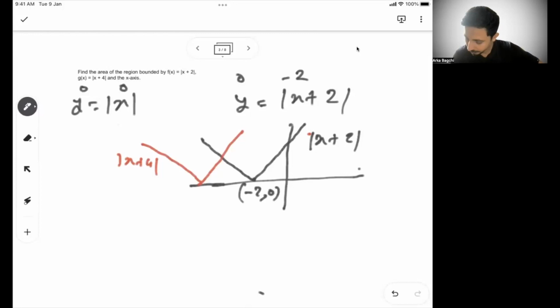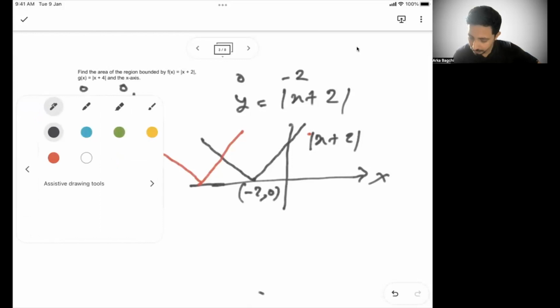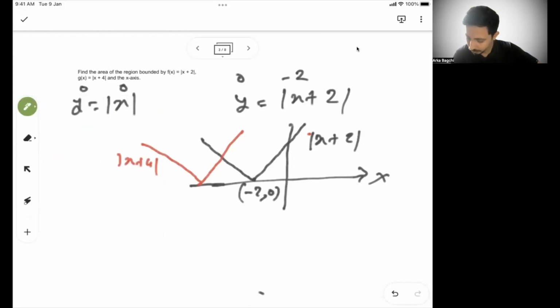The x-axis is this one. So what would be the region? The region is this region. What will be the area bounded by this region? This is (minus 2, 0). This is (minus 4, 0). Okay.